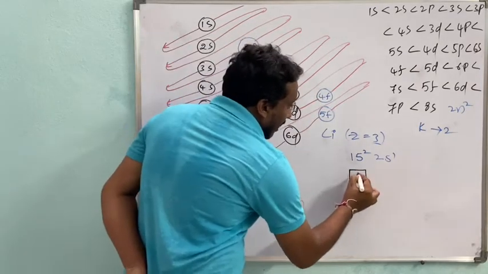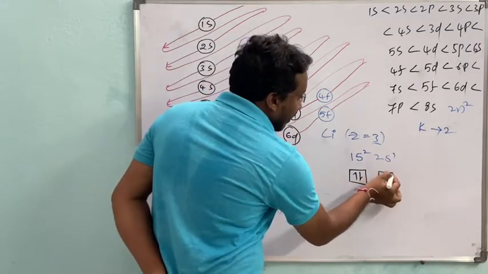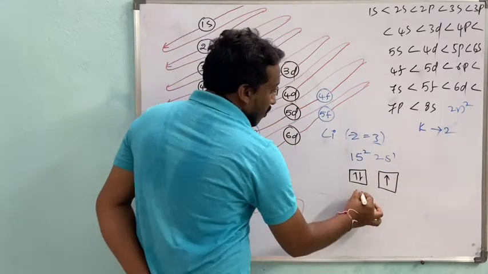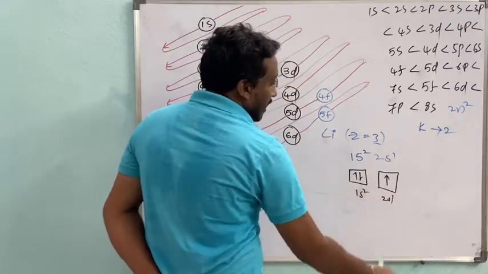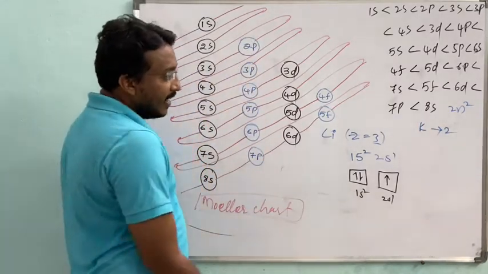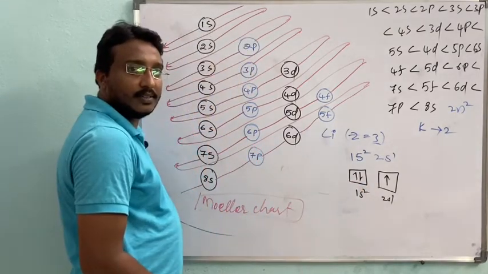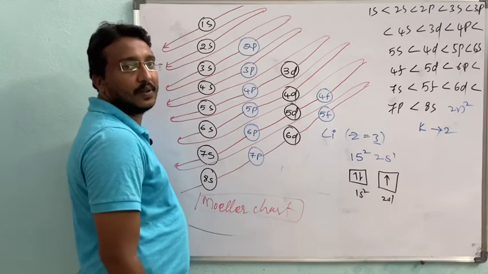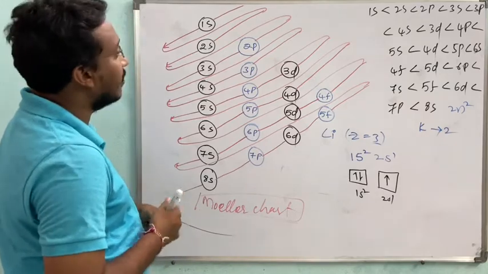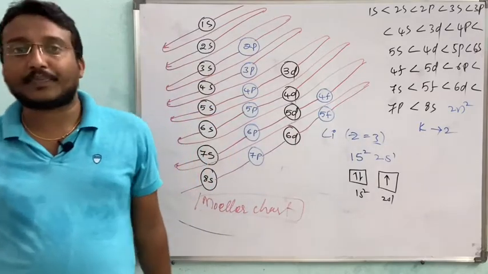Then 1s2, 2s1 is the electronic configuration of lithium. Got it? If we compare these 3 electrons, their quantum numbers are different. This is the way we fill electrons according to Aufbau's principle, right?